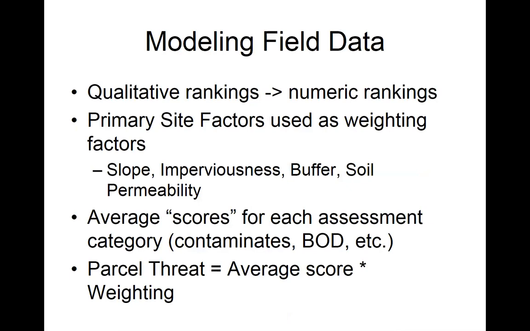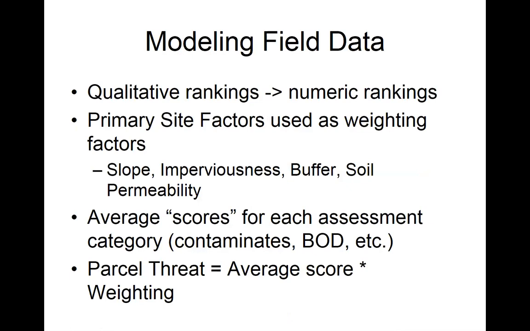So for the modeling of this data, once we collected it, we took the qualitative rankings and put numeric rankings on them. And then we clustered what we called the primary factors, which I mentioned before, that would exacerbate or mitigate any pollutants that potentially could get into the stream. And those became weighting factors.